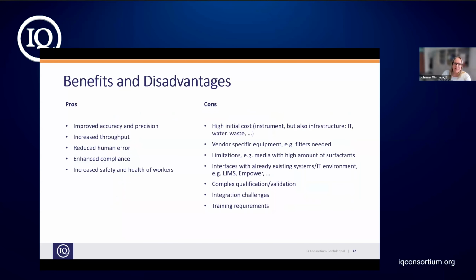So why would you do automation? I guess the largest benefit is that you can increase throughput if you have a functioning method. Fully automated systems can run through the night or through weekends and holidays. Semi-automated systems, basically, if they work well, they just need to be cleaned in between.